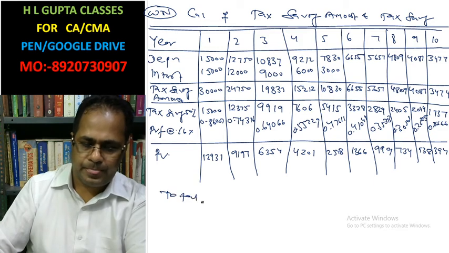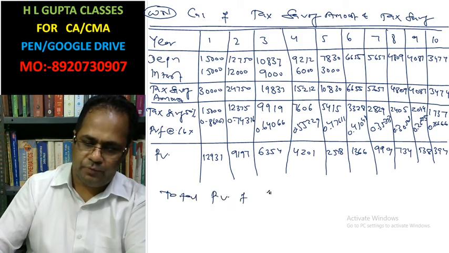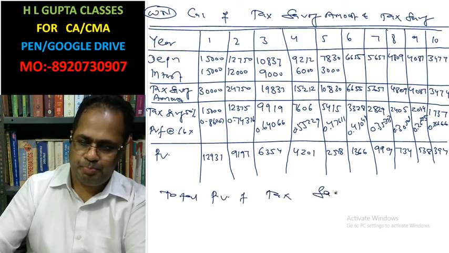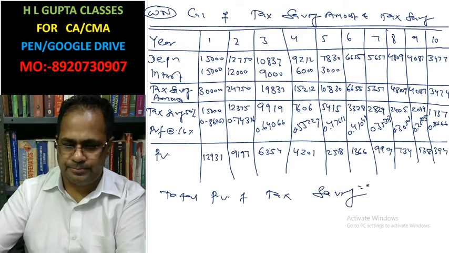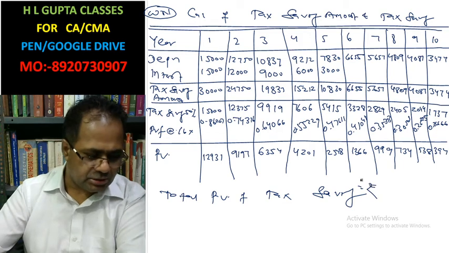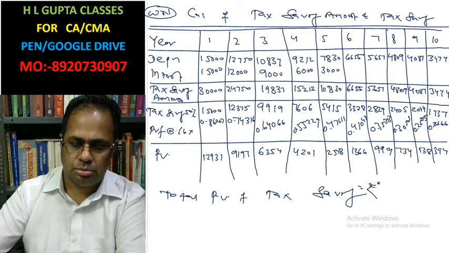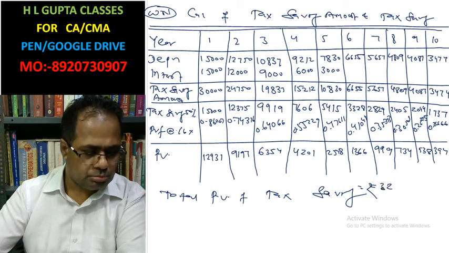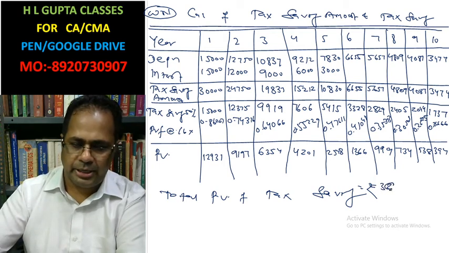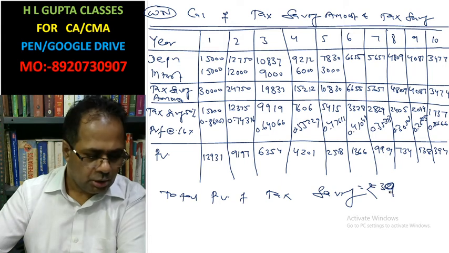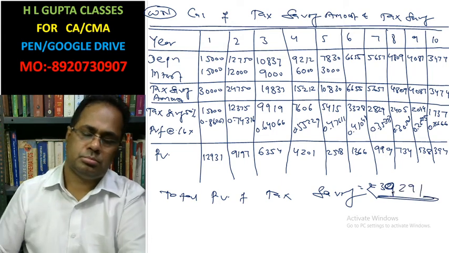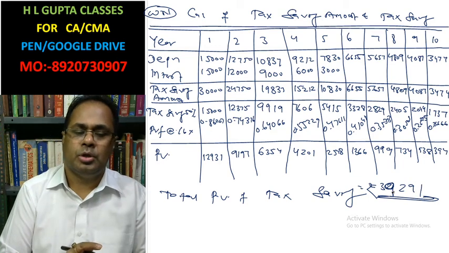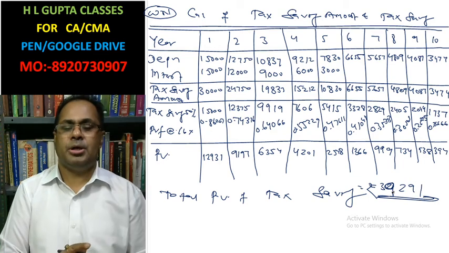Total present value of tax saving, this is rupees 39,291.